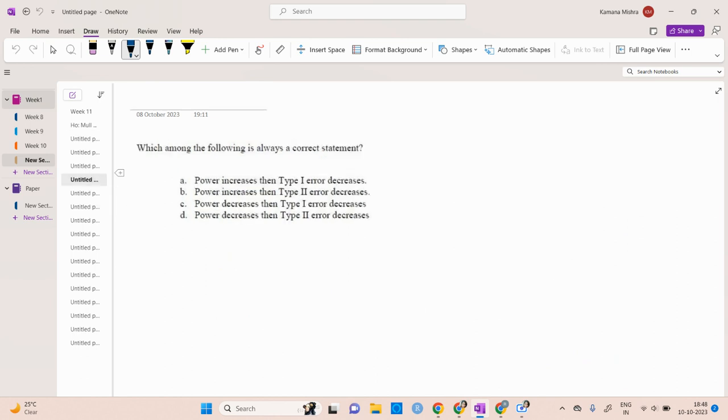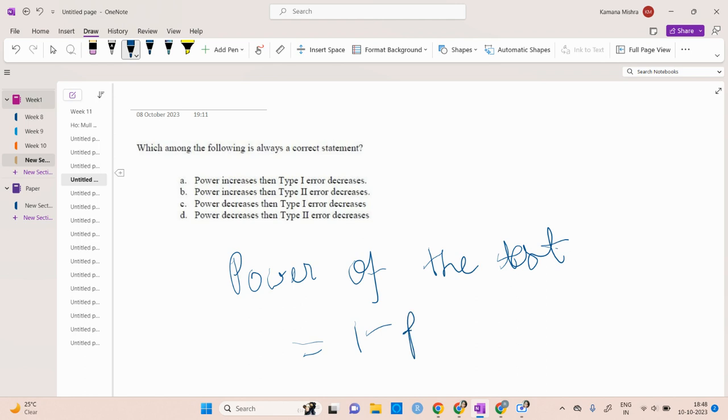Okay, so now we want to find what is the correct statement. So before finding the correct statement, what is the power of the test? Power of the test is equal to 1 minus beta.